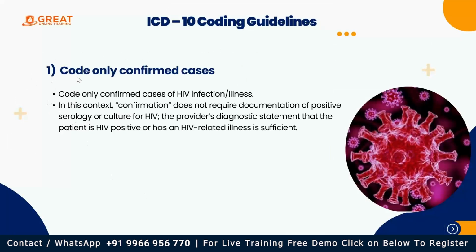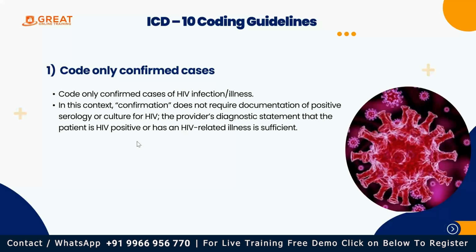The first guideline is to code only confirmed cases. This is a very important guideline. Code only confirmed cases of HIV infection or illness. In this context, confirmation does not require documentation of positive serology or culture for HIV. The provider's diagnostic statement that the patient is HIV positive or has an HIV related illness is sufficient.